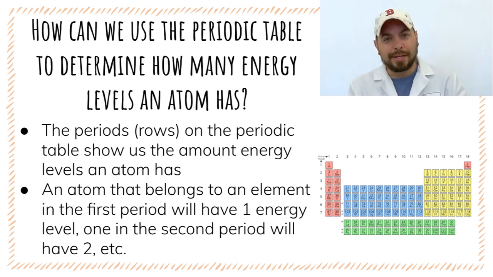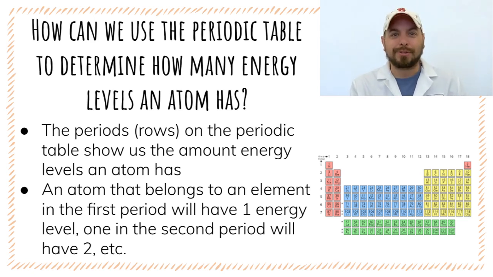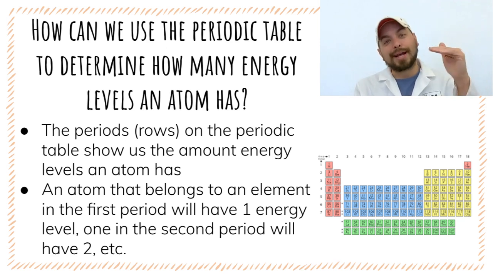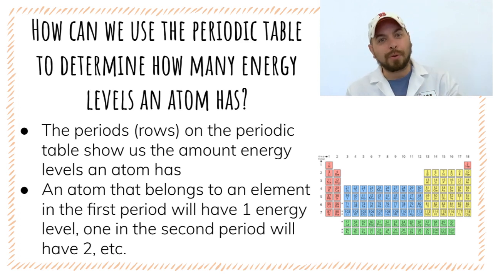Those periods are based off of how many energy levels an atom has. So if you're in the first period, like hydrogen and helium, you have one energy level or one shell. If you're in the second, well, then you have two. The third has three. The fourth has four.